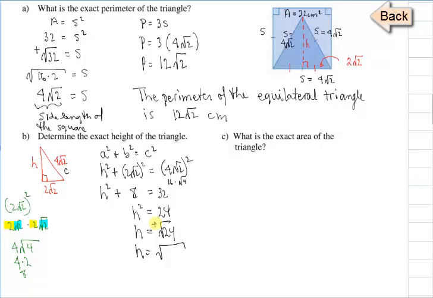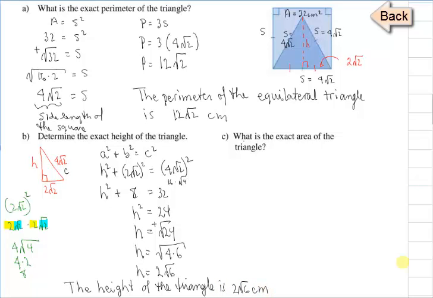So to simplify square root of 24, I'm going to write inside the radical sign 4 times 6. Square root of 4 is 2, and I leave the 6 inside. And so the height of the triangle is 2 root 6 centimeters.